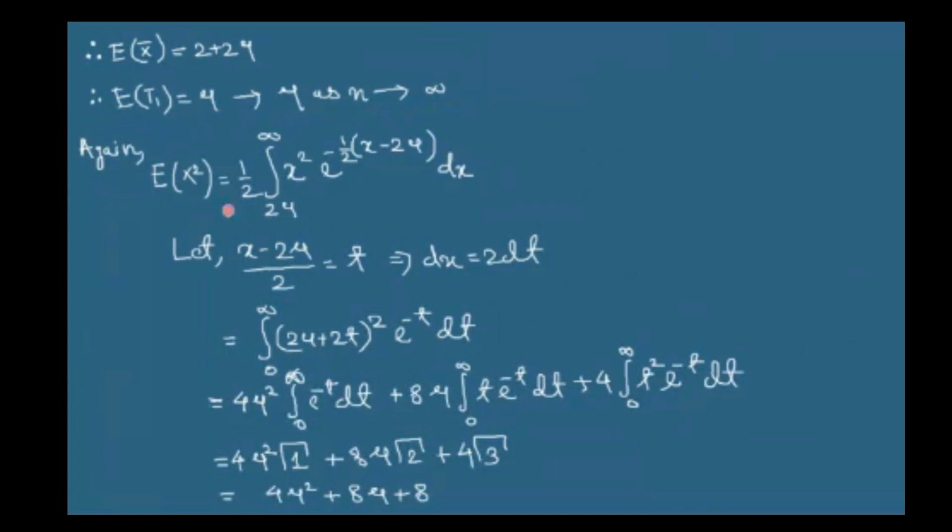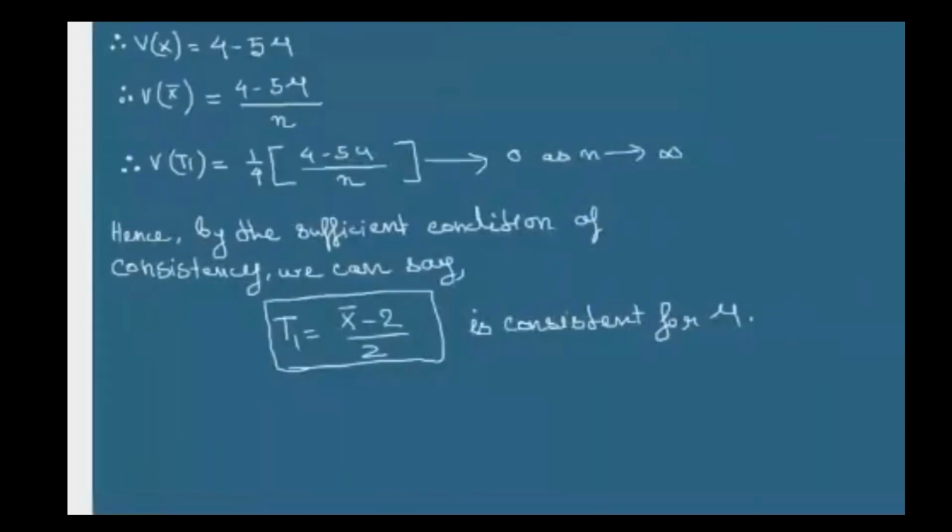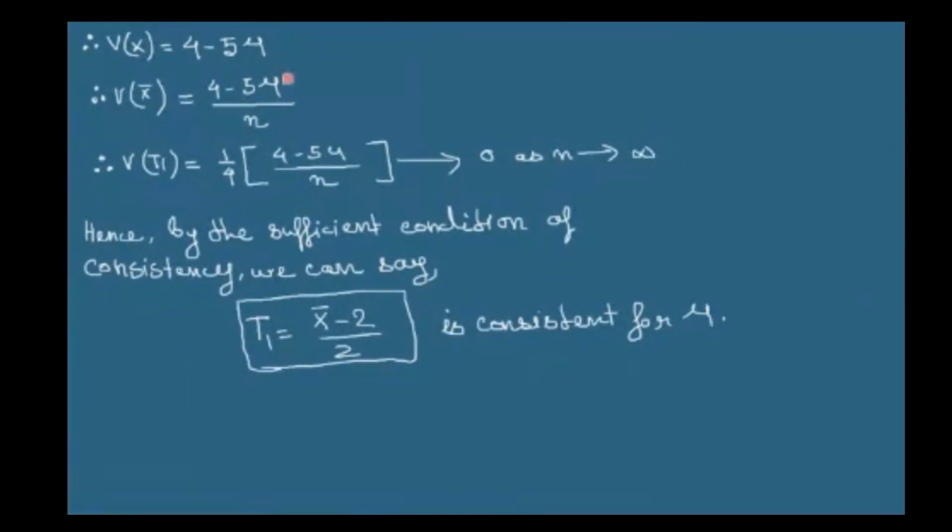Now let us calculate the expectation of X square, which on doing the necessary calculation turns out to be 4μ² + 8μ + 8. So the variance of X turns out to be 4. Therefore, the variance of X̄ is 4/n.